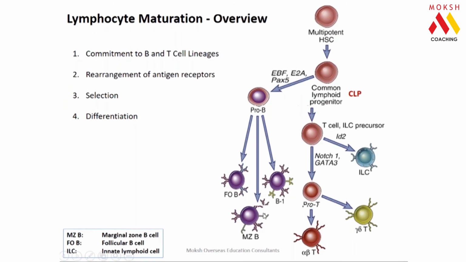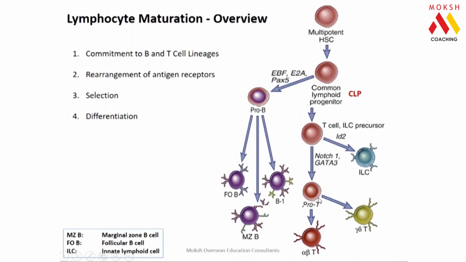Now, B cells can also go to the marginal zone area of the secondary lymphoid organs. These marginal zone B cells are able to activate without the help of a T cell. Usually, these are the B cells that are going to interact with polysaccharides. I'll show you why.